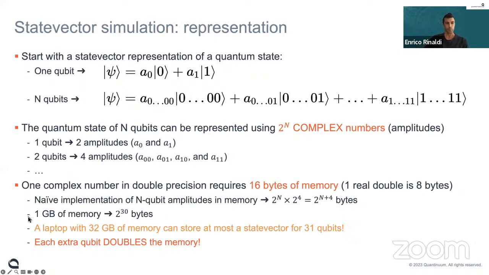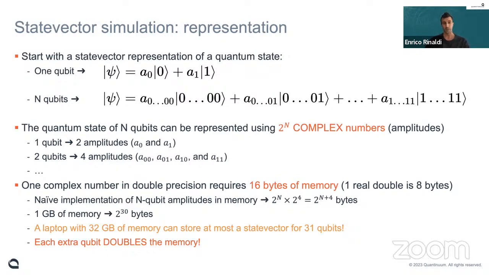So basically, a laptop with 32 gigabytes of memory can store at most a state vector of 31 qubits. And that will basically burn your laptop because you cannot even run your OS if you're storing just a single state in the entire memory of your computer.